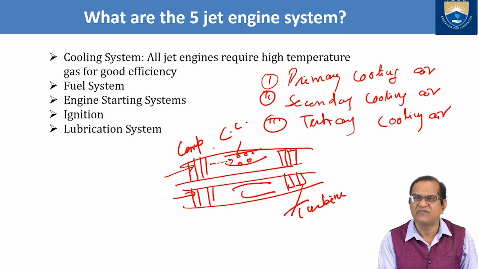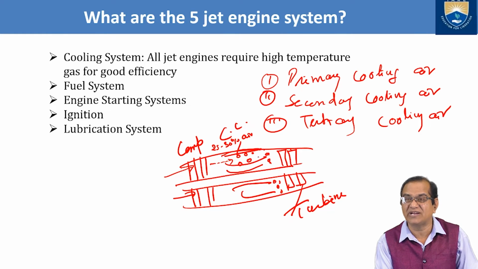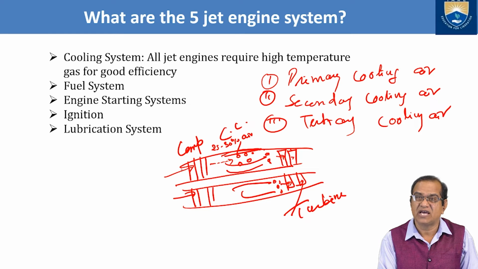Only some 25 to 30% of the air will take part in the burning. The remaining 70% will go from the top, and after burning it will mix here. Before the turbine, this air is mixed with the burnt gases, and the temperature is cooled down while the pressure remains high, and it will hit the turbine, and the turbine will move. Nowadays we use the fan also here.